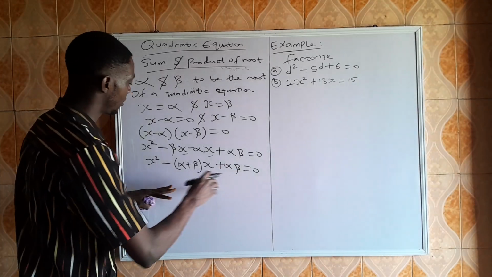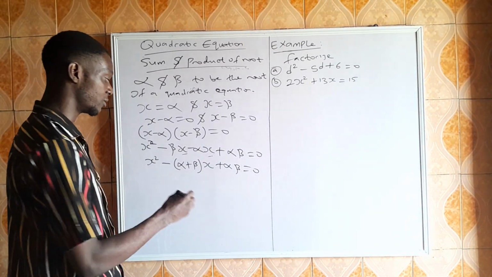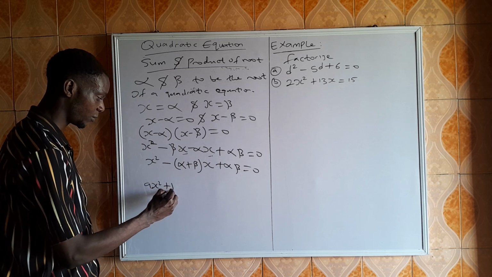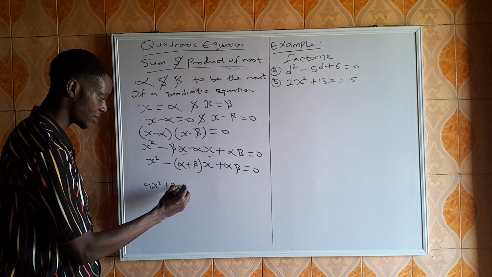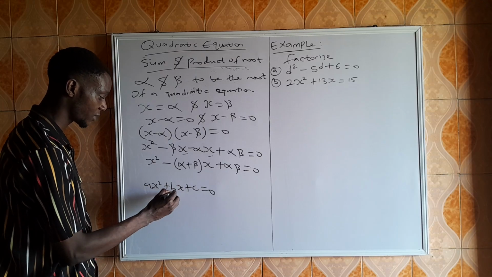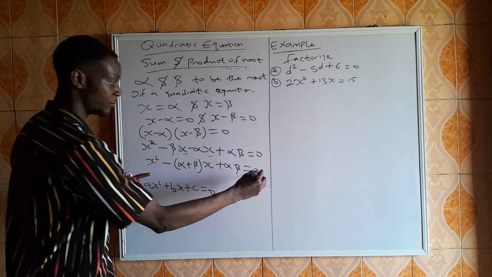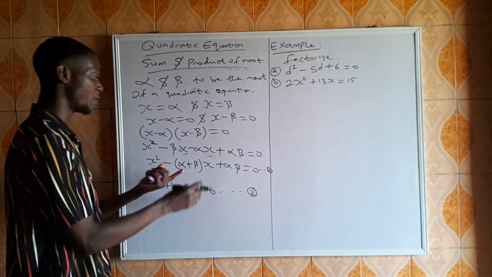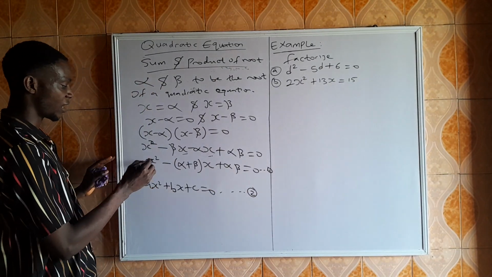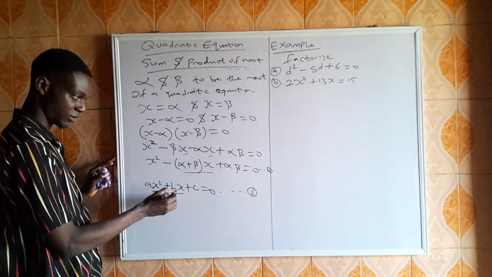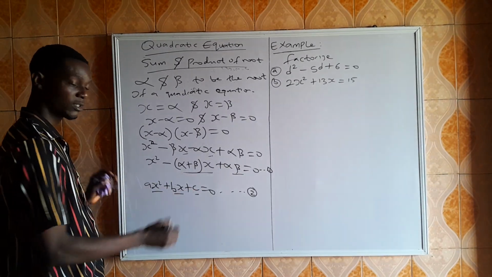Remember, the normal quadratic equation is always in this format: as squared plus bs plus c equals 0. Now we can compare the two together. If you call this equation 1 and this equation 2, the s squared coefficient corresponds to this, and the constant value to this.